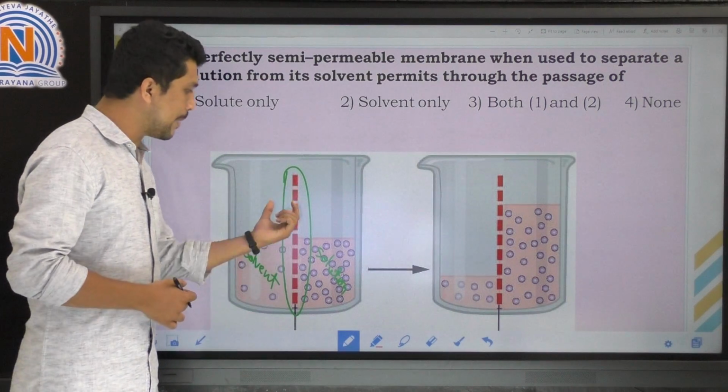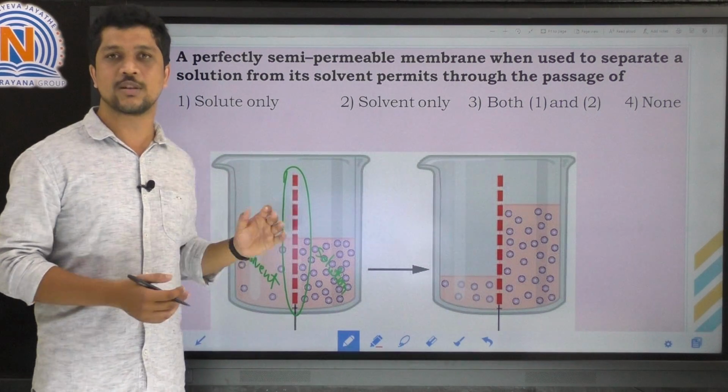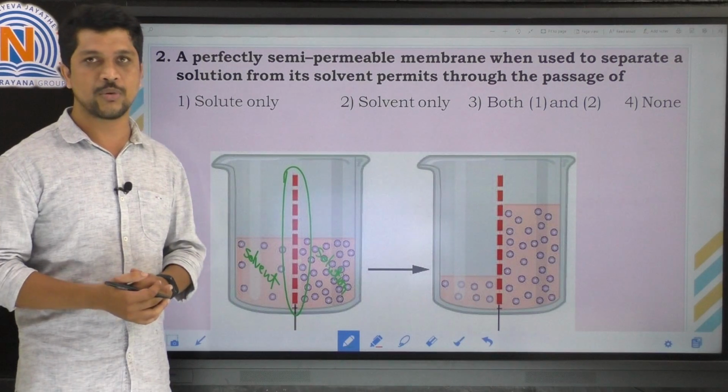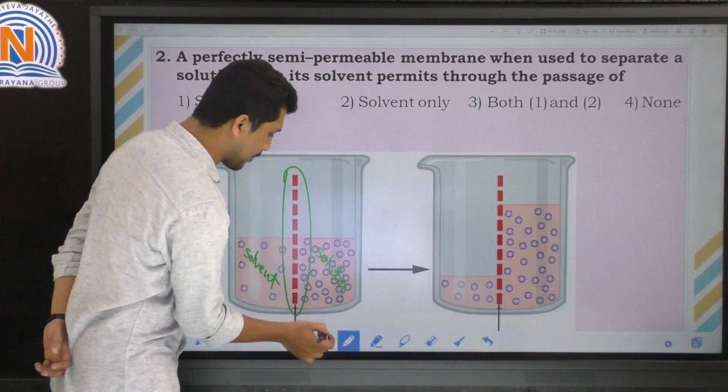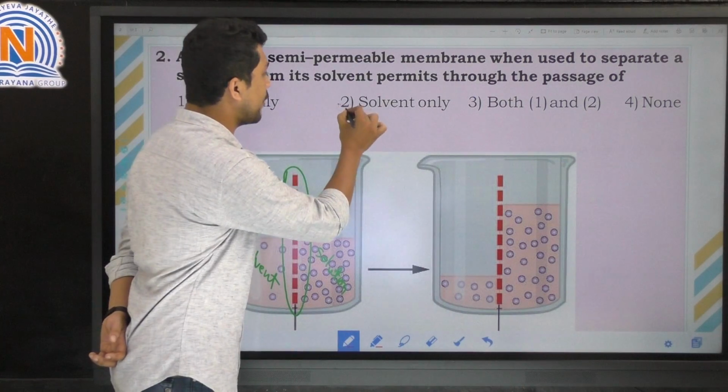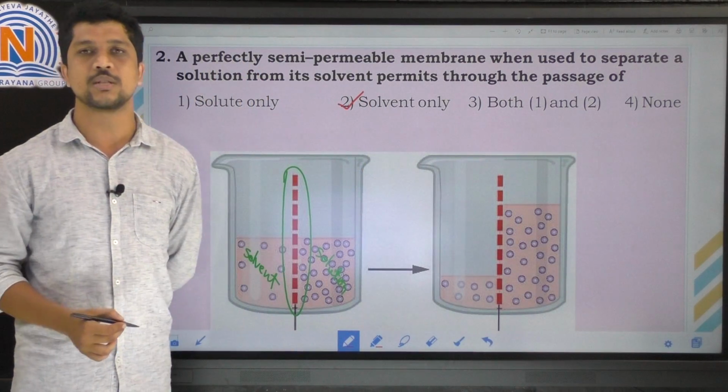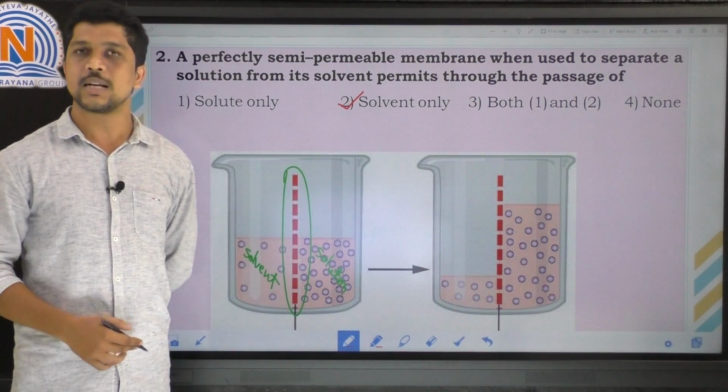This semi-permeable membrane only allows the passage of solvent, not the solute, right? So the correct option is solvent only. Clear? Let's move on to the next question.